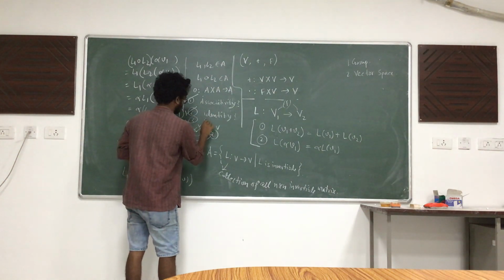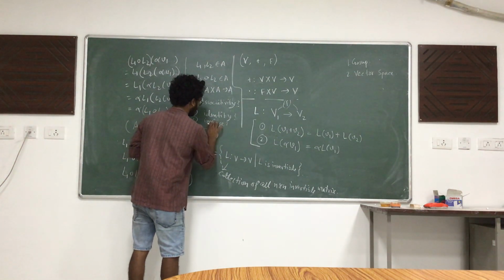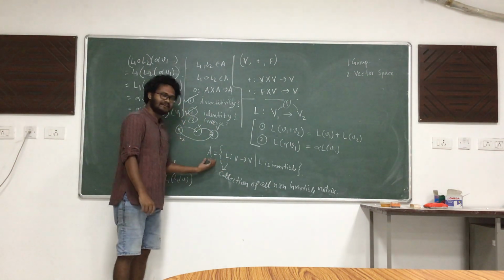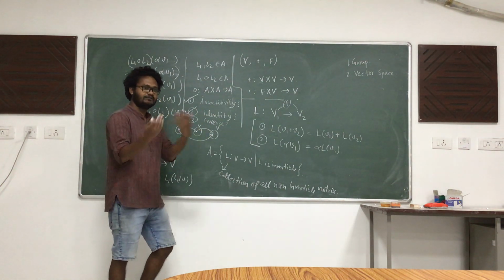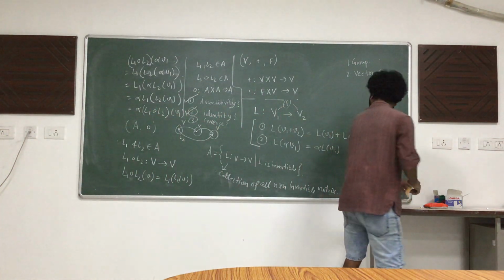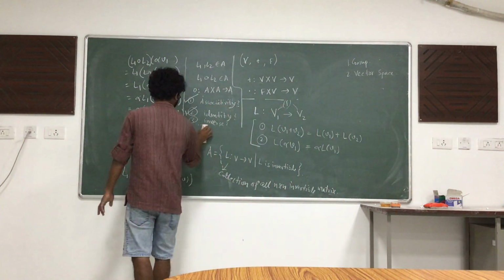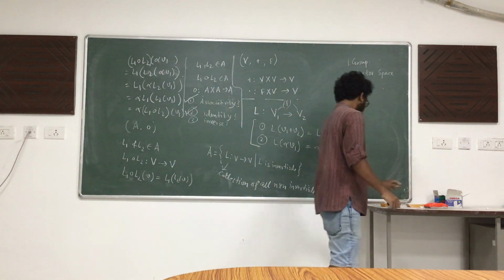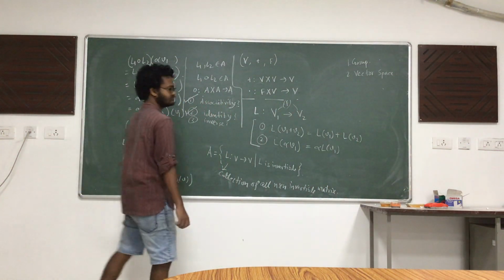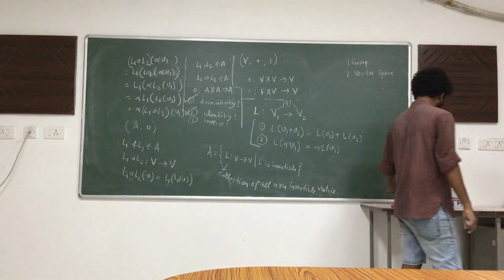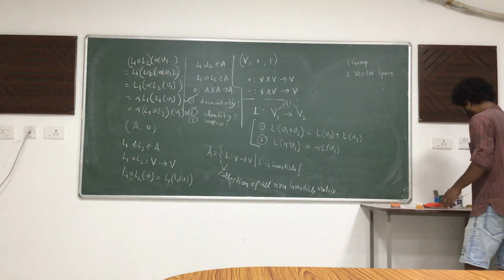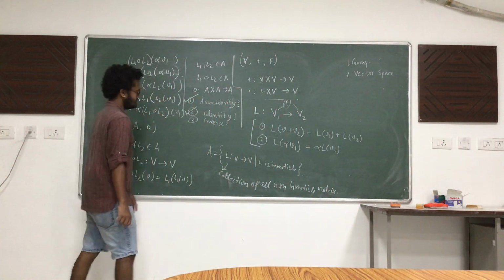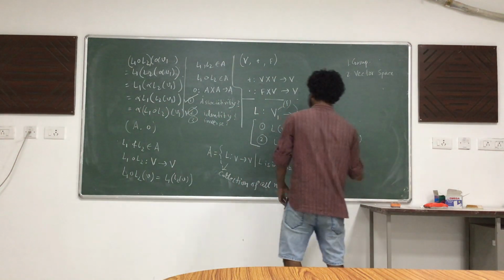Third was inverse. Is inverse there in this? So given an element, let's say L from this set, whether L inverse exists or not, under the composition operator. It should be there, because suppose L1 has its own inverse and L2 has its own inverse.